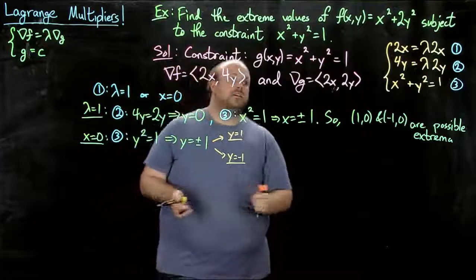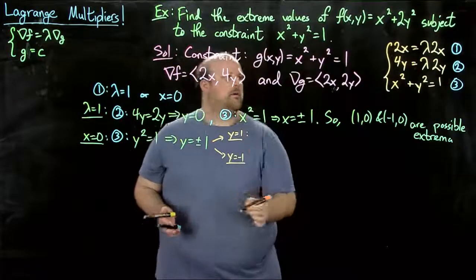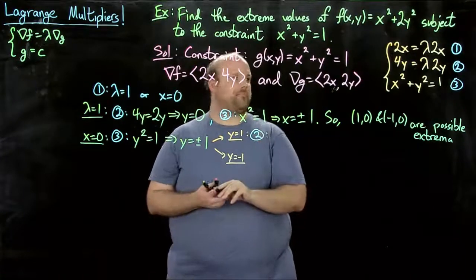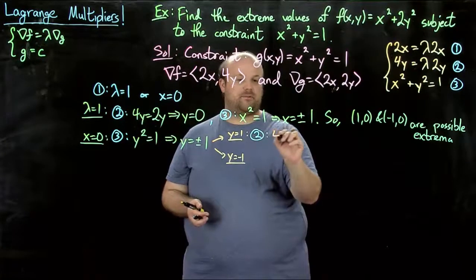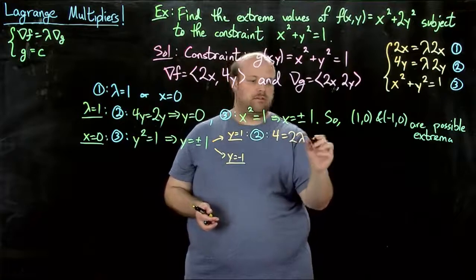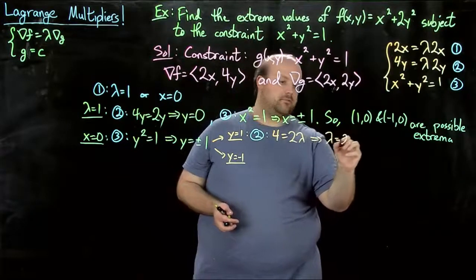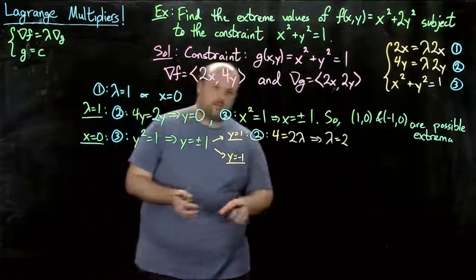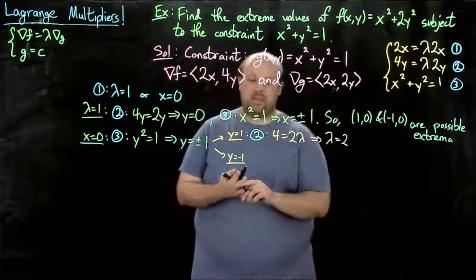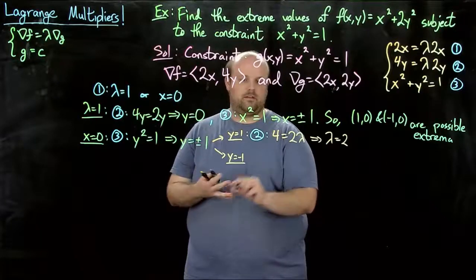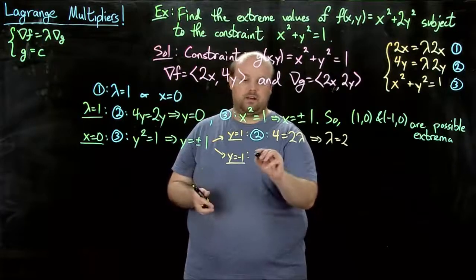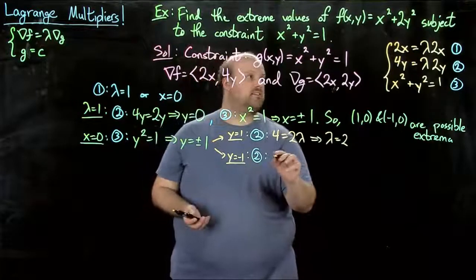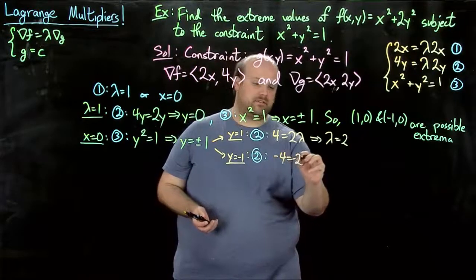Right? So if y equals 1, then equation 2, this becomes 4 equals 2 lambda, which says lambda is 2. So there's a solution, right? We can solve for lambda, right? And down here, again, we're going to use equation 2, and that's going to tell us negative 4 is negative 2 lambda.